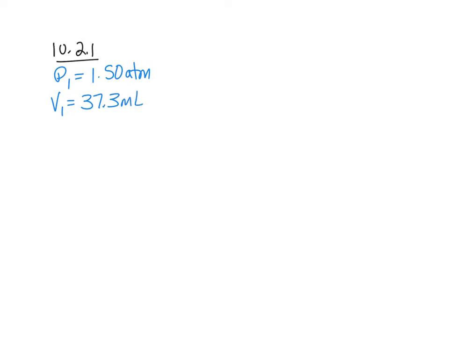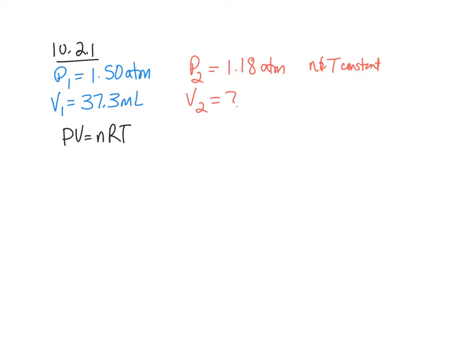And then we have P2, so we'll go over here, P2, I like to keep my pressures on the same line, 1.18 atmospheres, and it wants you to calculate V2. And it says assume n and T are constant. Okay, so what I like to do, because I like to memorize just one formula, I do PV equals nRT. There's my perv nert.